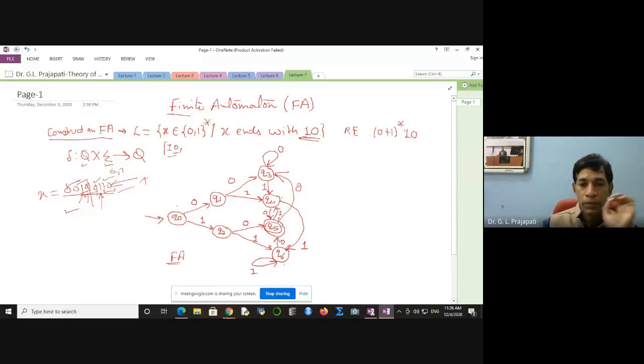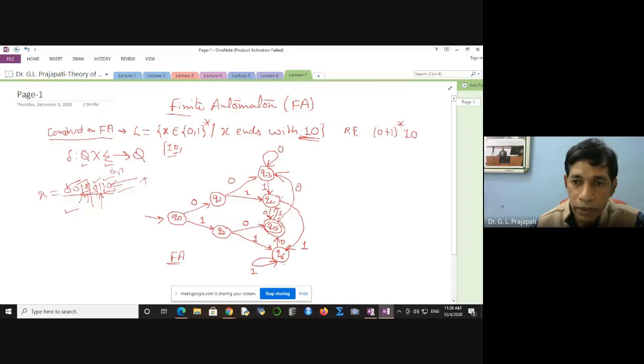Okay. So if you want to construct a finite automaton, you have to see what you need to remember. According to the sentences of the language, you have to ensure that your machine ends up with such kinds of sentences.